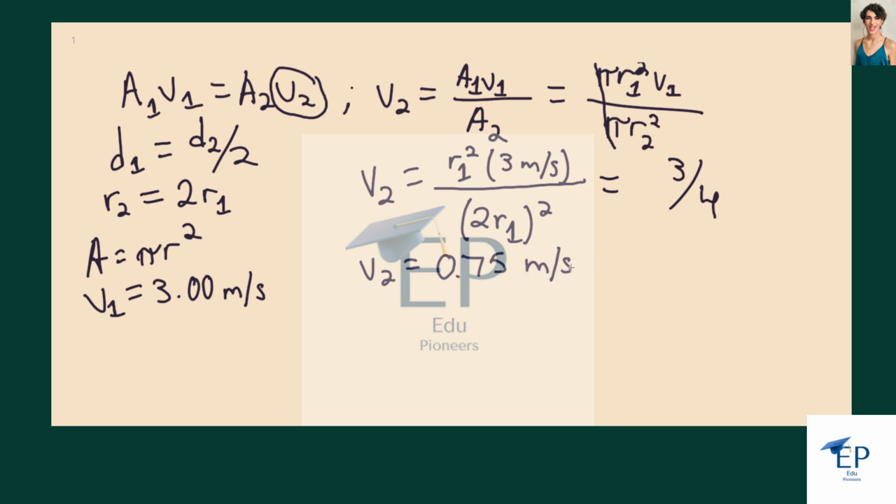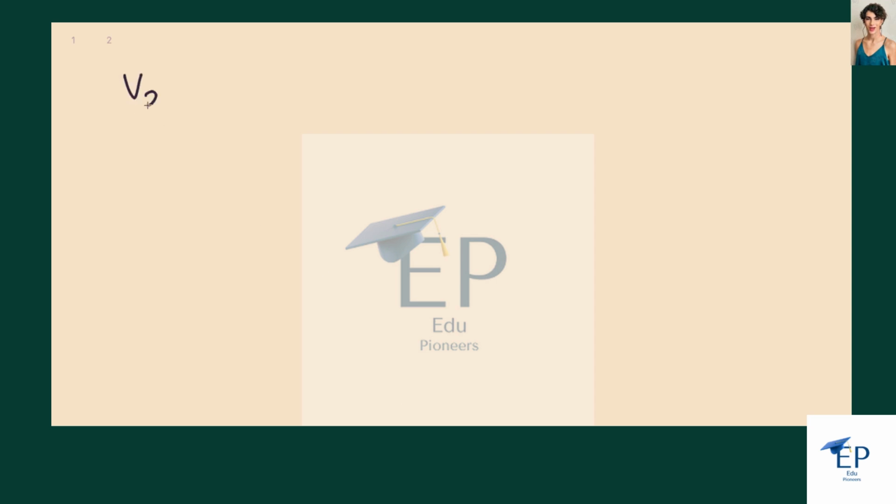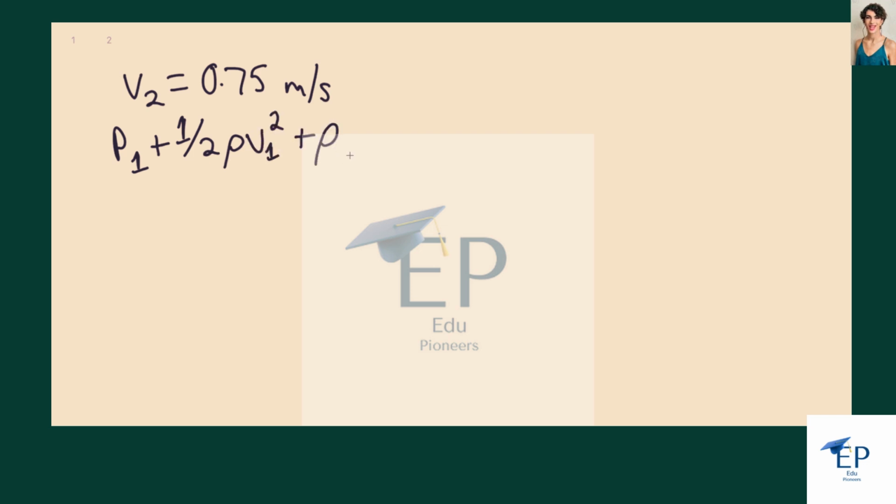Now, after this, we can now use Bernoulli's equation. So let's get a new workbook. Let's keep this second velocity of 0.75 meters per second. Bernoulli's equation says that the pressure of one section plus half times the density times the velocity of that section squared plus the density of, in this case, water, times the acceleration due to gravity times the height of that pipe, is going to be held constant.